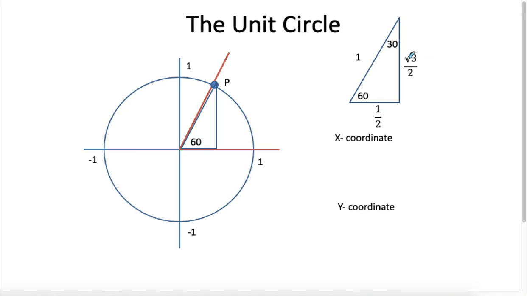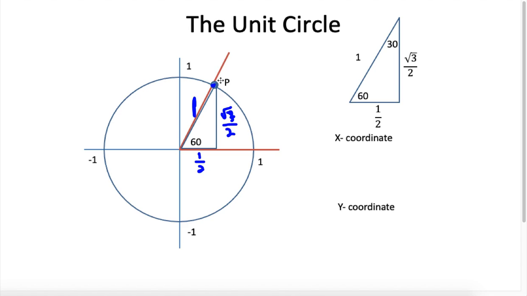We already looked at creating those ratios, where the hypotenuse has a length of 1, and my x coordinate will be 1/2, and my y coordinate will be the square root of 3 over 2.